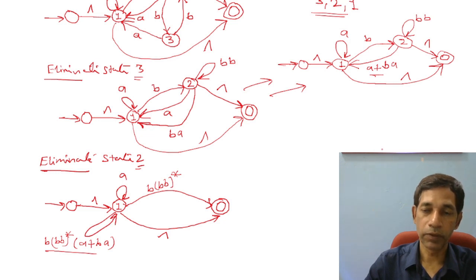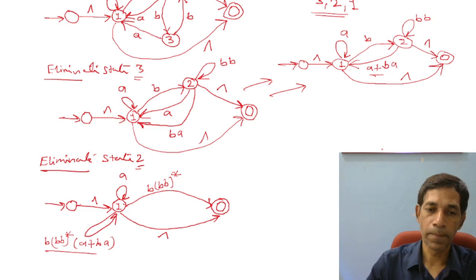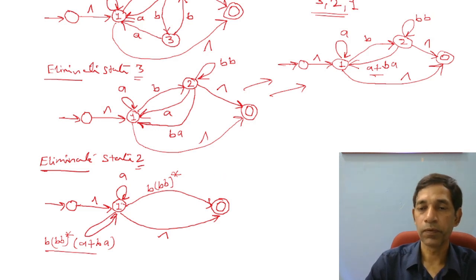So again you are coming back to 1, and this is the resulting label for the loop. Okay, so in this way you have bypassed the state 2, you have eliminated the state 2. So you have only two outgoing edges. One goes to the final state and one comes back to the initial state, the state 1.